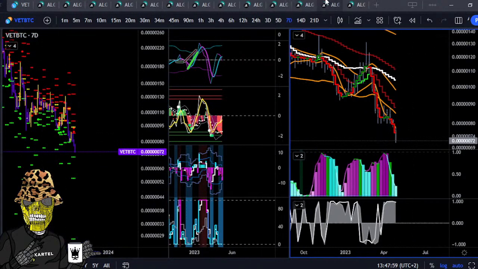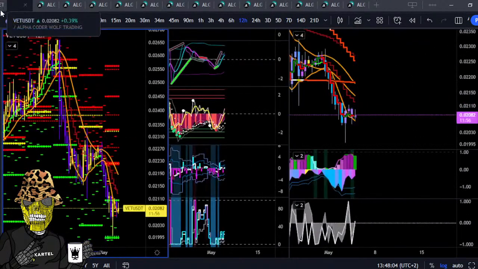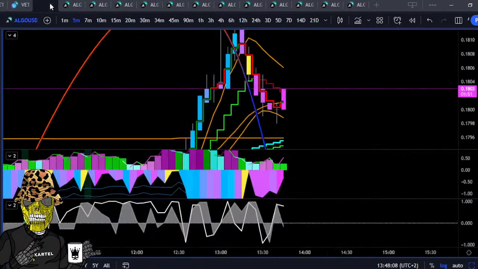Okay. VeChain BTC. Now VeChain USDT on 1 minute.